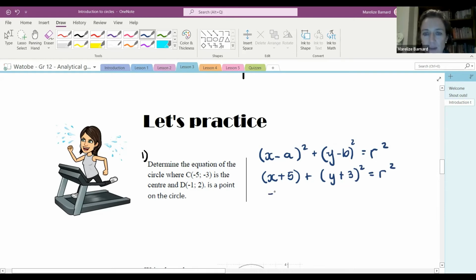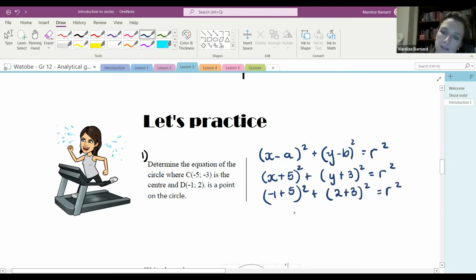So if x is -1, oops, I keep forgetting that square there, (-1 + 5) squared plus (2 + 3) squared is r squared. So this is going to be 4 squared plus 5 squared. Oh, here are those numbers again, they keep popping up. 16 + 25 gives me 41 for r squared.